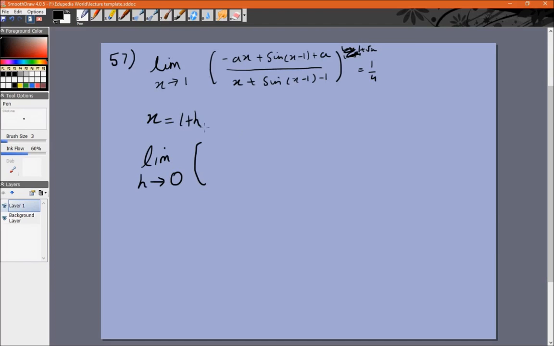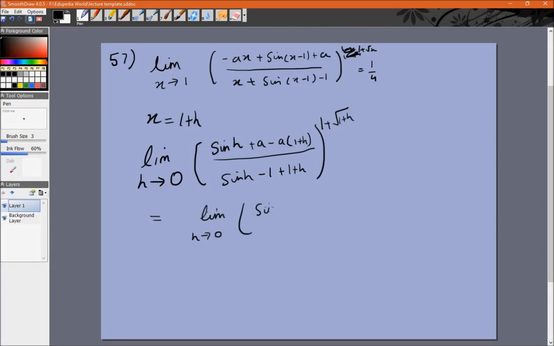So sin(x − 1) will just become sin h, and we will have plus a minus a times (1 plus h), divided by sin h minus 1 plus 1 plus h, to the power of 1 plus root of (1 plus h), which gives us the limit as h goes to 0 of (sin h − ah) / (sin h + h).